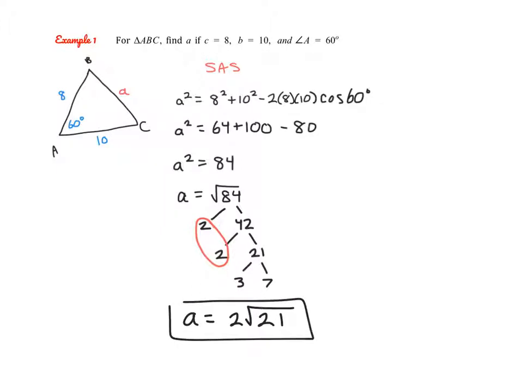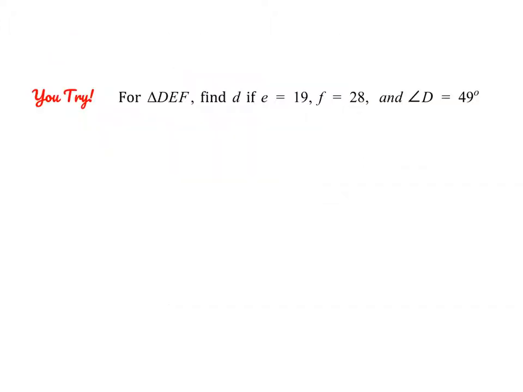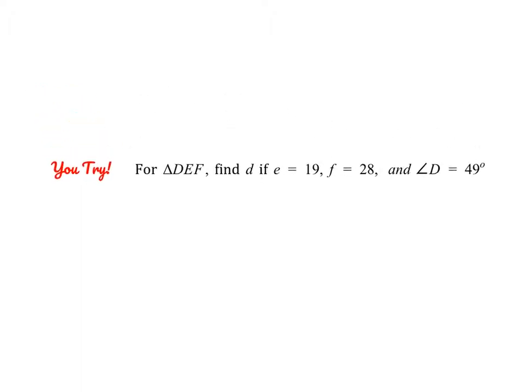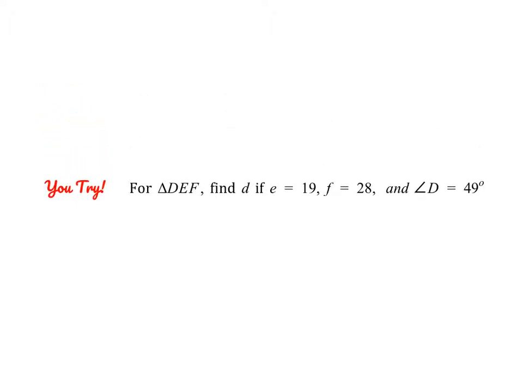Or you can plug the square root of 84 into your calculator and get a decimal approximation, and we get approximately 9.2 if we round to the nearest tenth. So this will just depend on what you're asked to do. Are you asked to write it as an exact answer or as a decimal approximation? Okay, so go ahead and pause the video and give this problem a try.